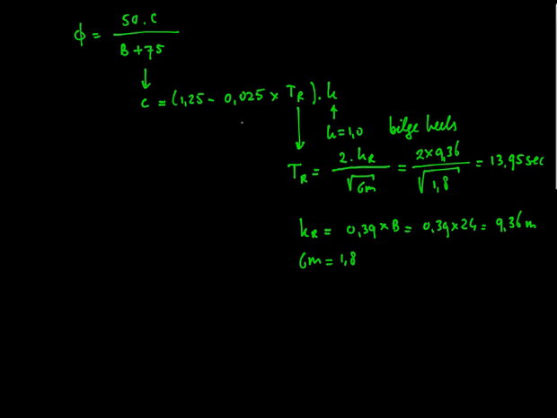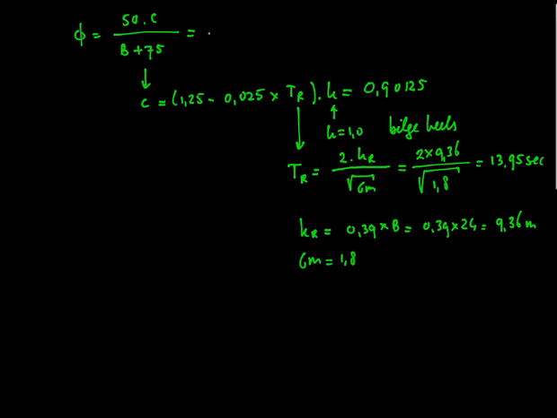So we were busy with the maximum roll angle, so we can fill in these numbers. First I would like to know what is the C. Well, the C here, when you fill in the natural roll period, will give you something like 0.90125.